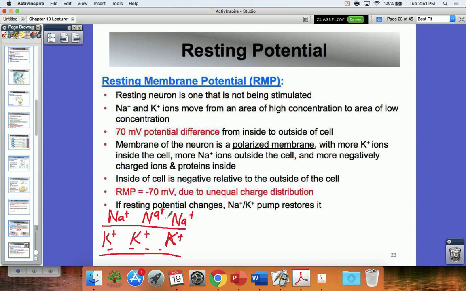But then the sodium potassium pump will regulate this back so that it can get back to the way that it was, where we have a resting membrane potential at a negative 70. So remember, resting membrane potential, negative 70. If there is nothing that's being conducted after the nerve impulse has been sent, we always reset back to a negative 70.